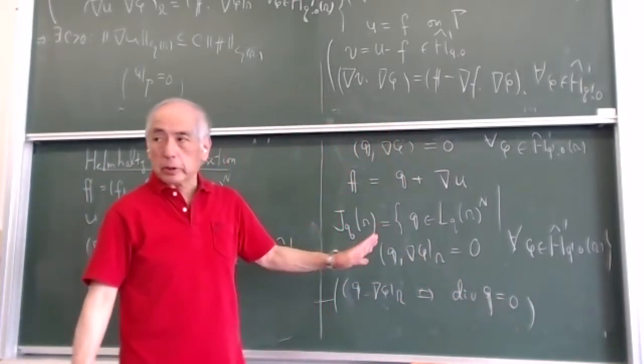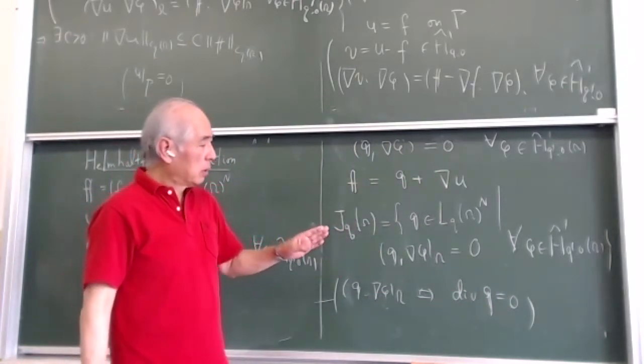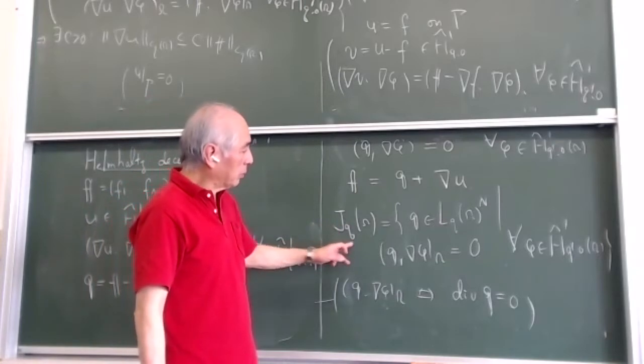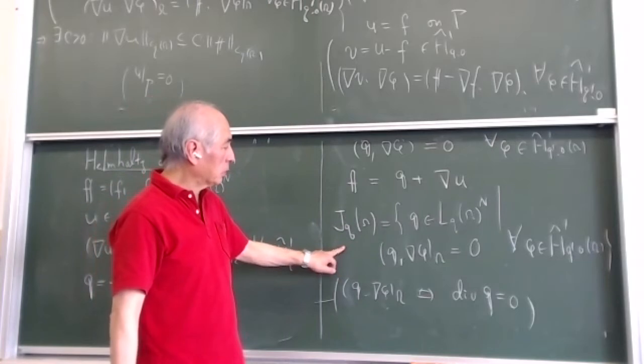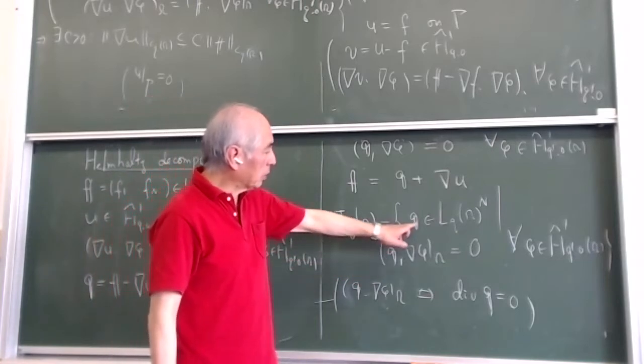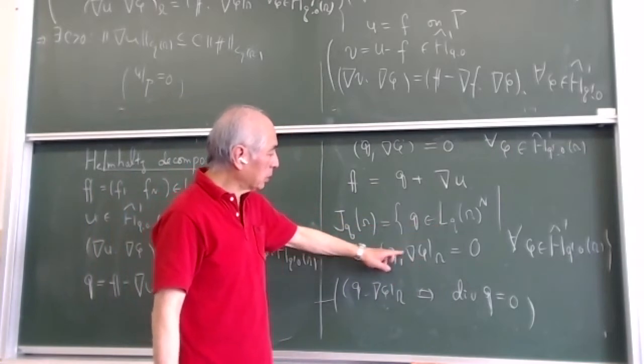This is the definition of the solenoidal space. I think maybe usual books do it differently, but maybe this is more rigorous. So the solenoidal space is just the vector of L^q functions with this property.